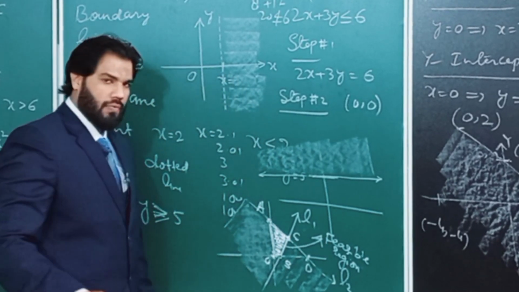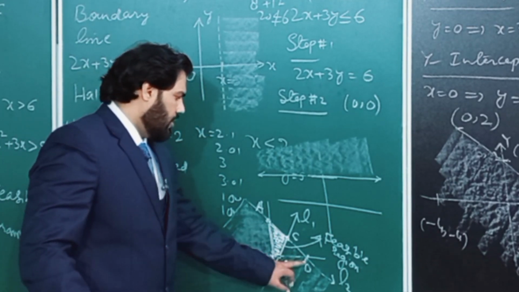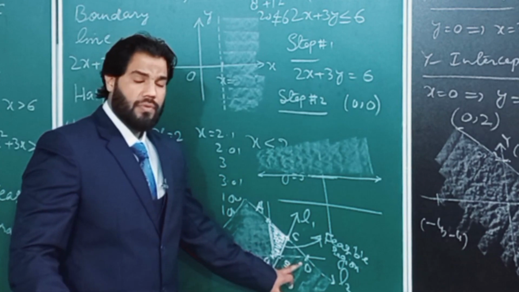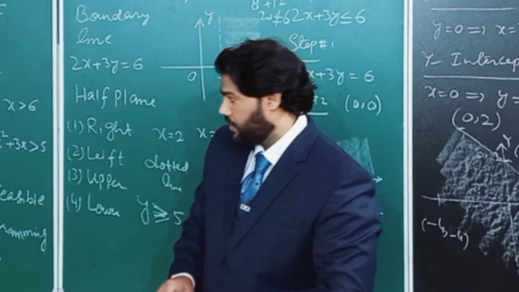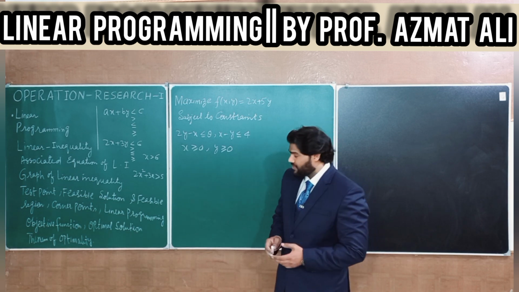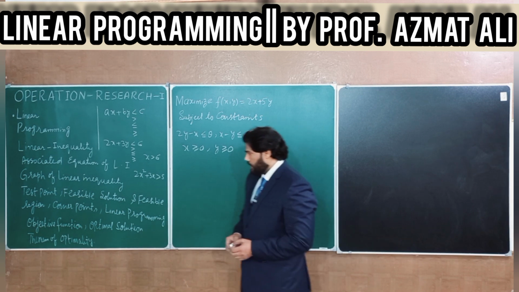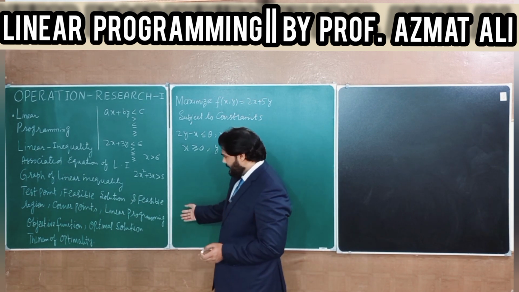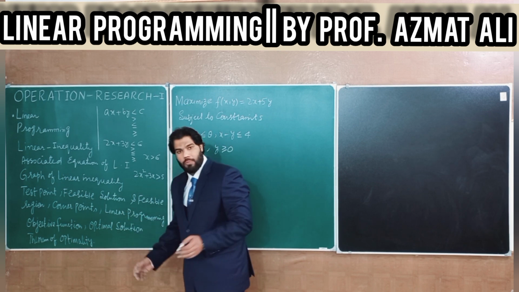That's why our corner points are only the 4: O, A, B, C. D cannot be taken as a corner point here. So this is the concept of the corner point. Okay, next we move towards the important segment of today's lecture. Now we discuss what is linear programming, what is the objective function, optimal solution, and the theorem of optimality.